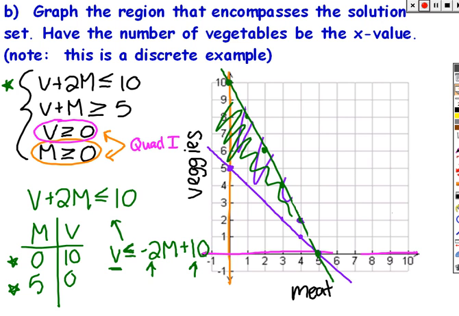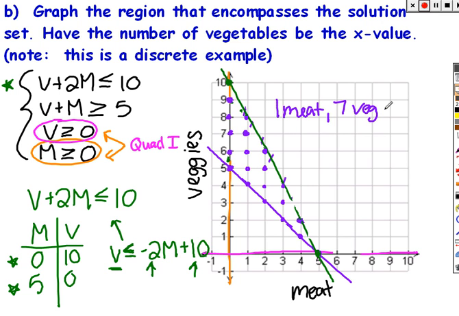So if I were actually graphing this, I should probably only include coordinates with whole number values. So for instance, one solution would be this point right here, where you would order 1 meat topping and 7 veggie toppings. That would cost, what, $9? You still have at least 5 toppings. You've met your requirements.